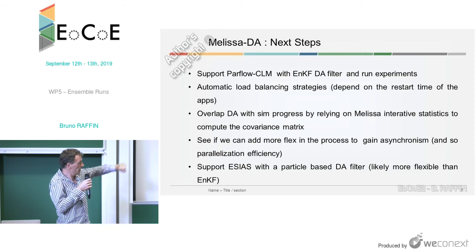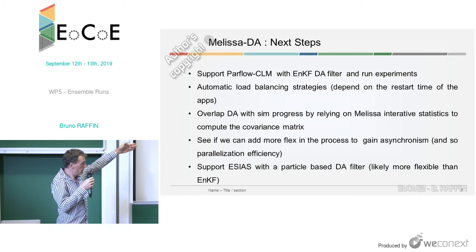One is that Melissa has an engine to compute statistics iteratively, and that may help compute the covariance matrix without having to first assemble all the different states of the different members, but to do this progressively, and so better overlap the computation of the covariance matrix with the progress of the different members.